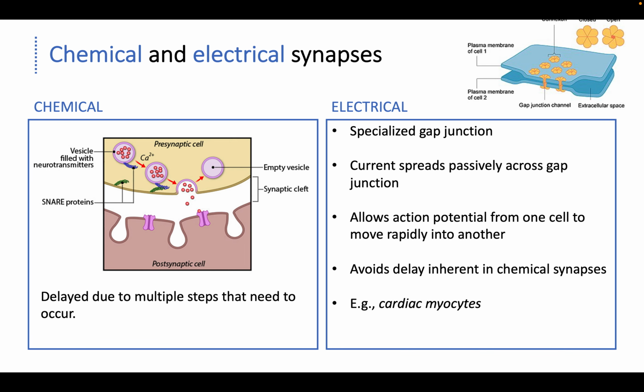All right, so what we'll end with here is looking at two different types of synapses, and we'll come back to these synapses in chapter 9 as well when we talk about skeletal muscles. So you have two types. You have one called a chemical, and you have one called an electrical synapse. These are named according to the means by which the action potential crosses from one cell to the next.